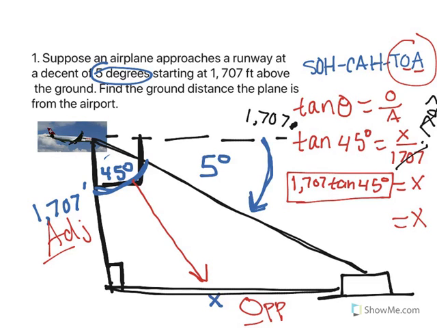And that should give you x equals 1,707. And that is feet. And yes, here I actually got the same answer. That usually won't happen. And I'll write feet here instead of using that little mark. You won't have the same 1,707 feet for both sides, but in this case, it is true.